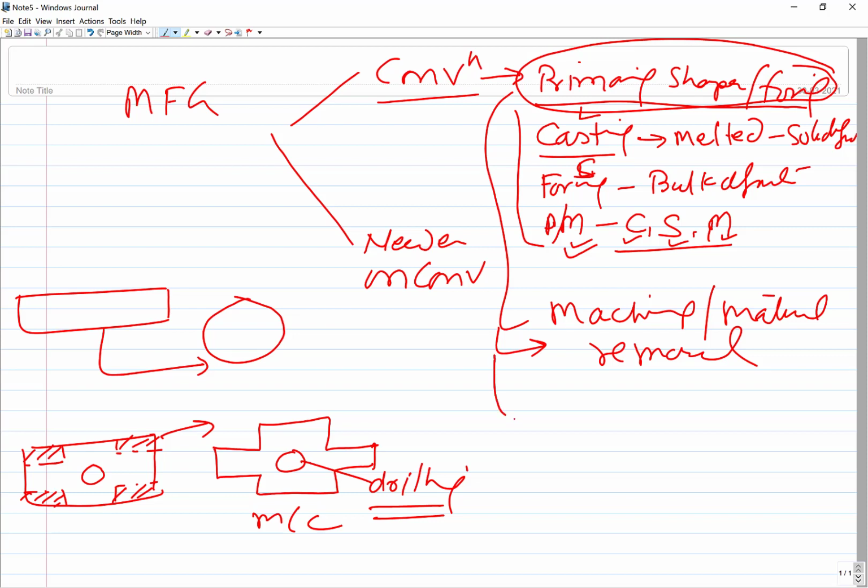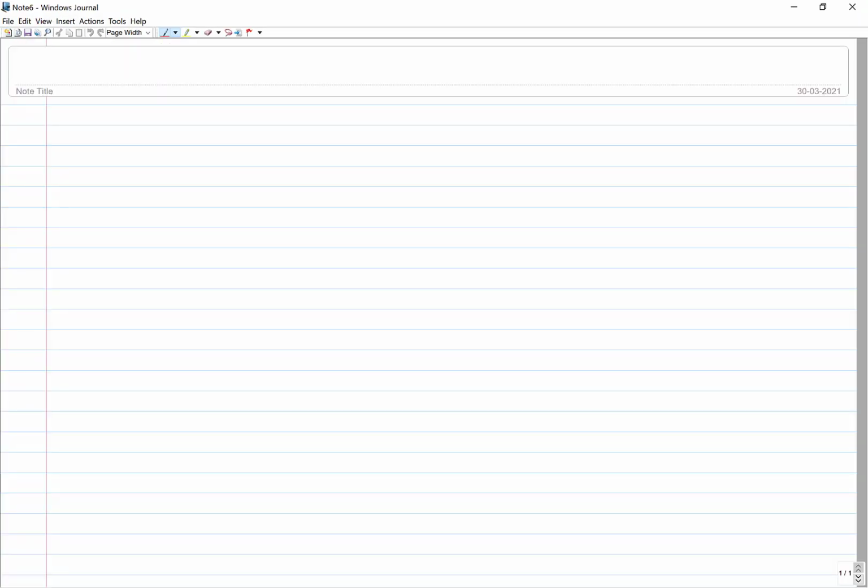The third is called joining processes. Joining processes are used for those cases where simple shapes are brought together to get the desired shape. Say, if your gear is of large size, you will make the gear in 4 different parts, like this.